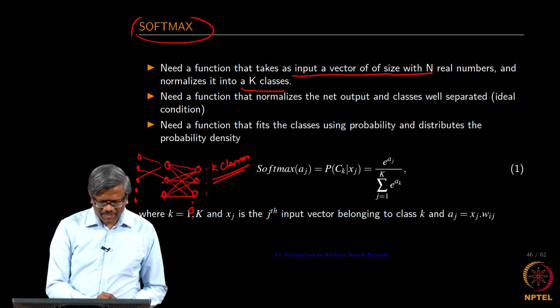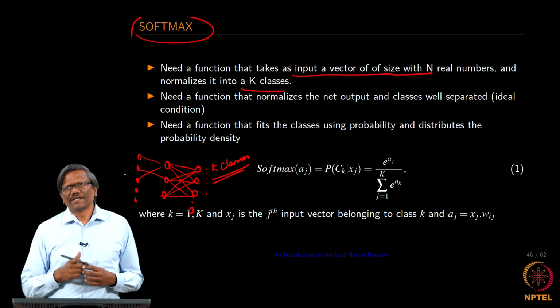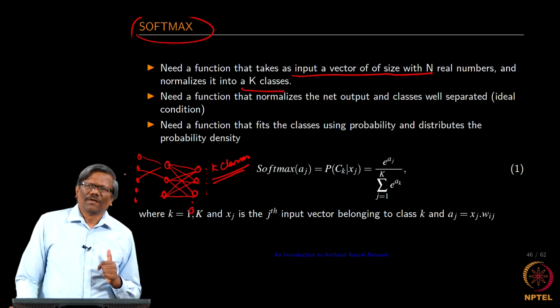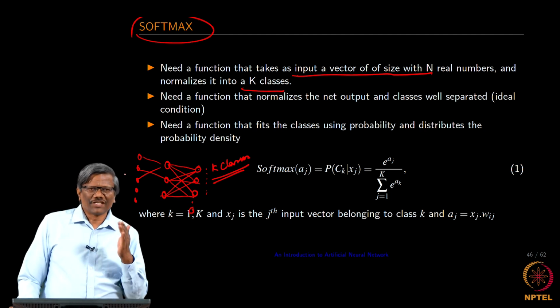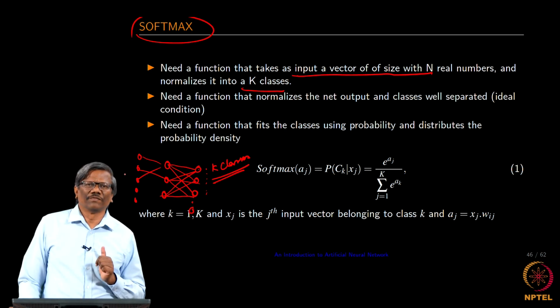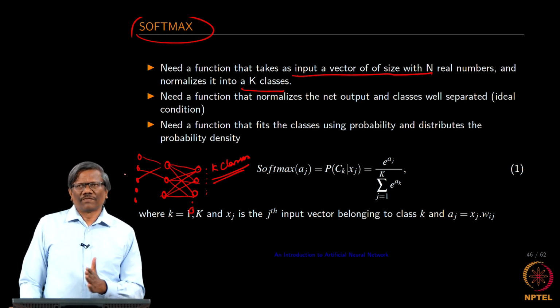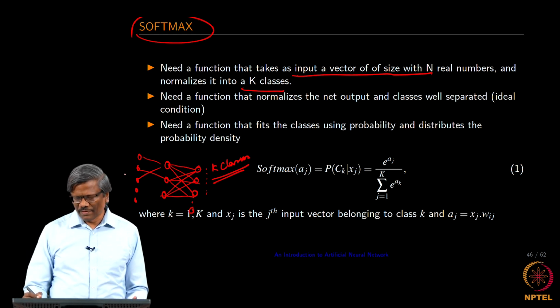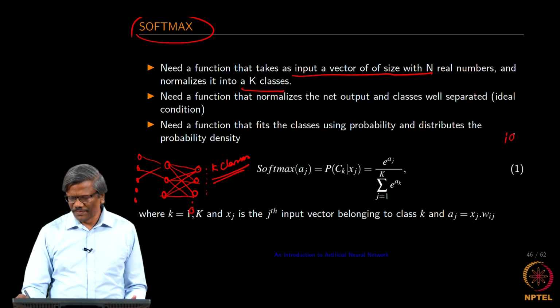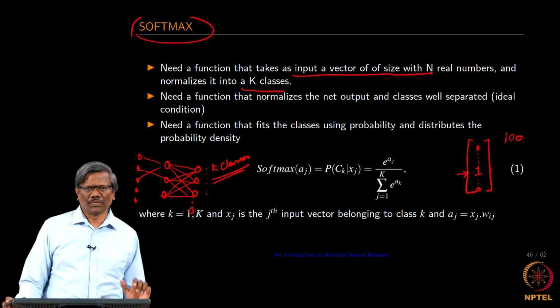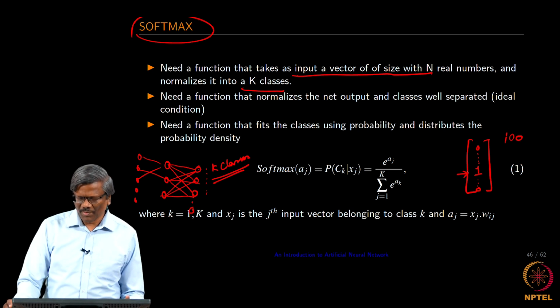Okay. So, let me give you one example. Let us assume that we have captured all the words, okay, as a dictionary, and then we have created the one hot vectors for all the words. Okay. So, you know what a one hot vector is, right, for each word. Supposing we have about 100 words that we are going to be using for the training, we will have a vector containing 100 elements, and the index of that element would point to the word that we are talking about, right.